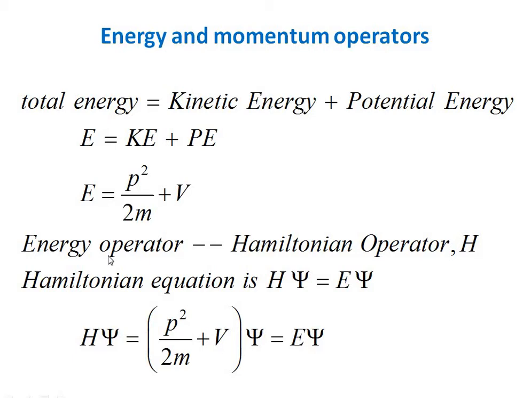So the energy operator is our Hamiltonian operator. The operator corresponding to the energy values will be the Hamiltonian operator, and the Hamiltonian equation is H psi is equal to E psi, where the Hamiltonian operator is the energy operator.